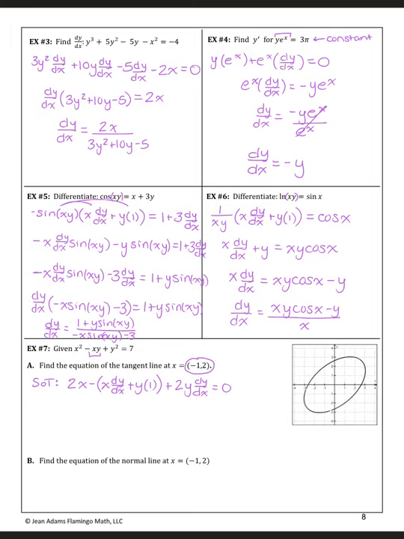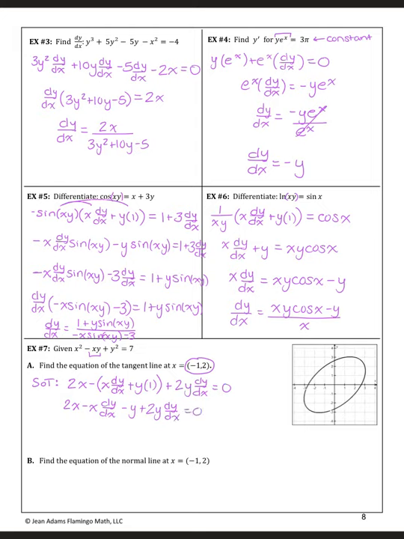Distribute in that negative there. You will get 2x minus x dy/dx minus y plus 2y dy/dx equals 0.